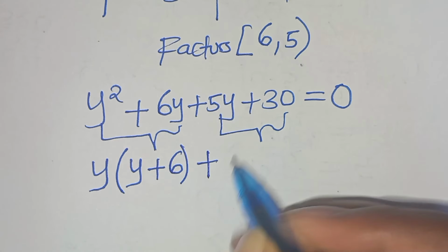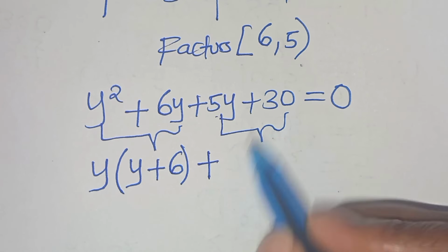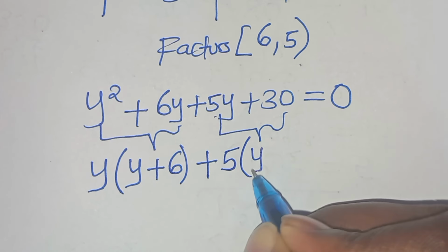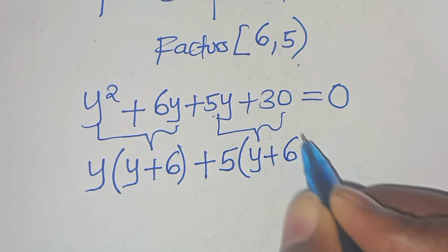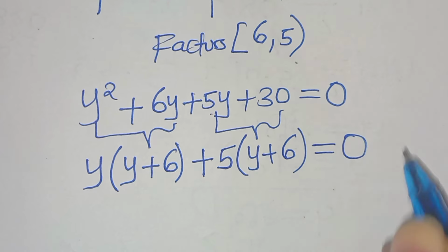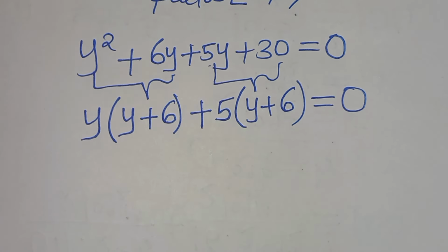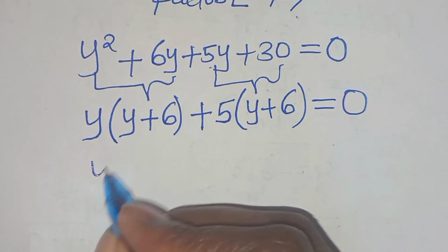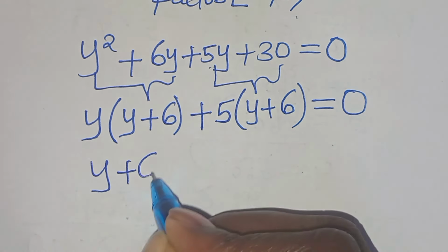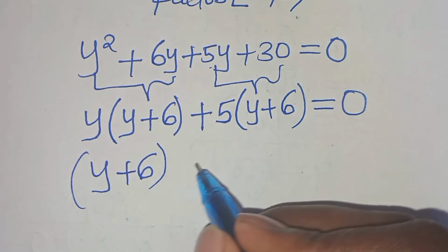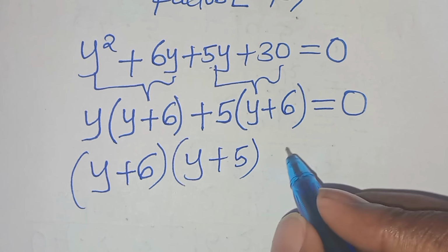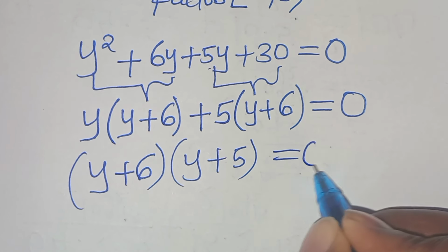Then in the second part, 5 is common, so we factor out 5, and in the parentheses we have y plus 6, equal to 0. This implies that y plus 6 is common, so let's factor out y plus 6, and we have y plus 5 equal to 0.